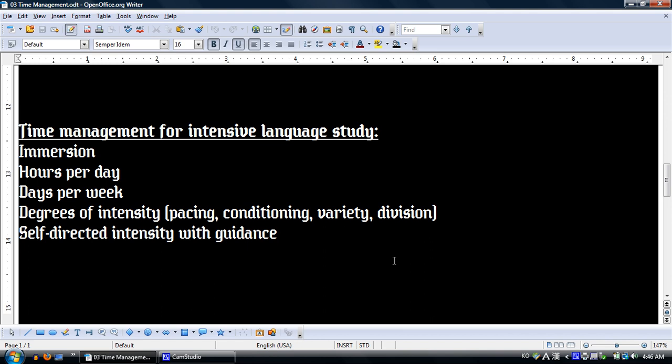And that means that I think we need to look at the whole issue of degrees of intensity. As I just said, in the conditions of intensive institutes, as I've experienced them and read about them, I completely understand the basic 6-hour-a-day rule.